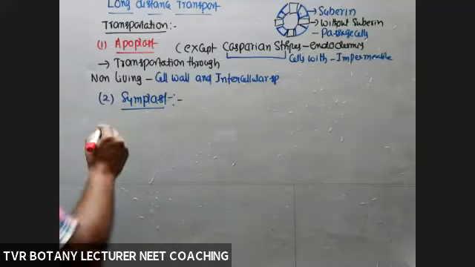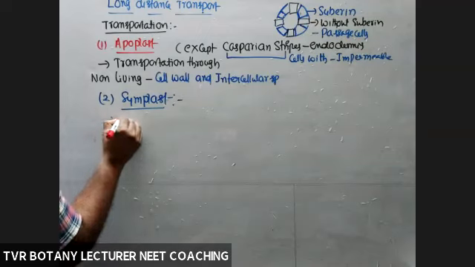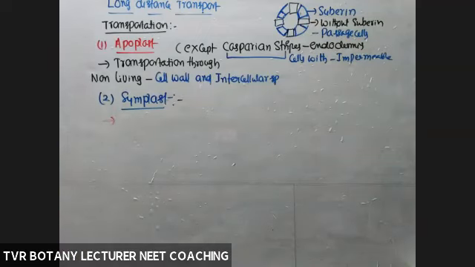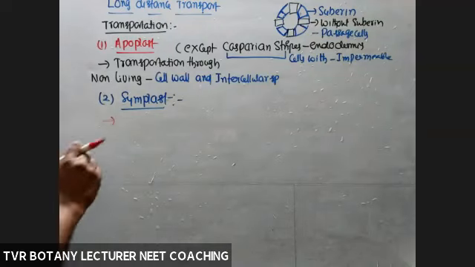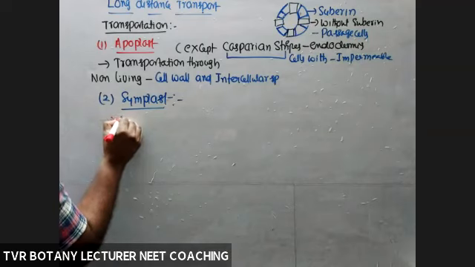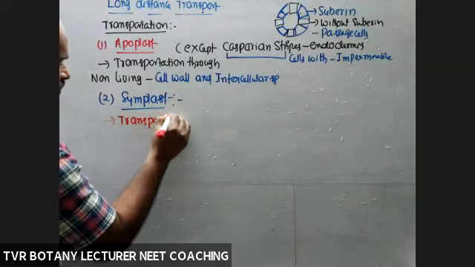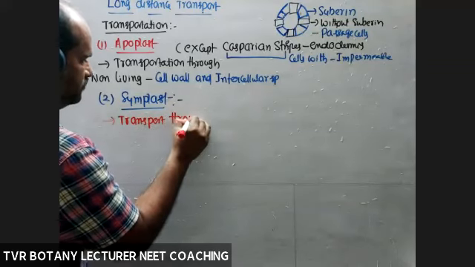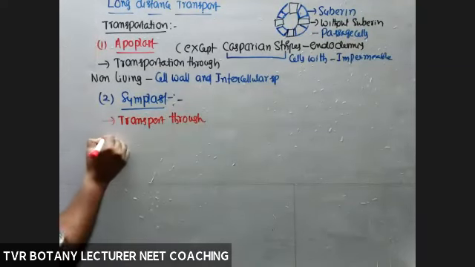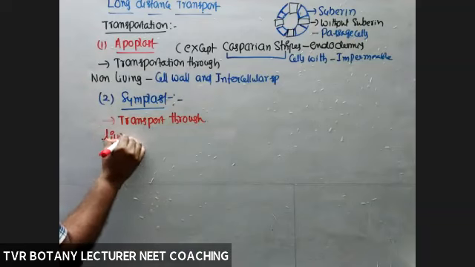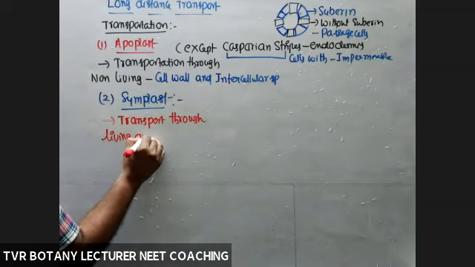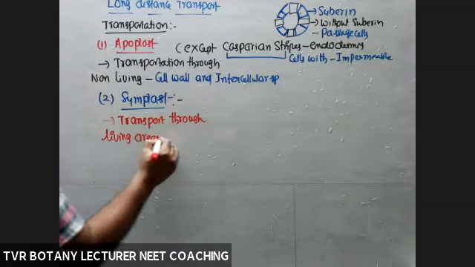And what is symplast? Transportation of materials through the living regions. What are the living regions? So transportation of water through living regions. Living areas. What are the living areas?